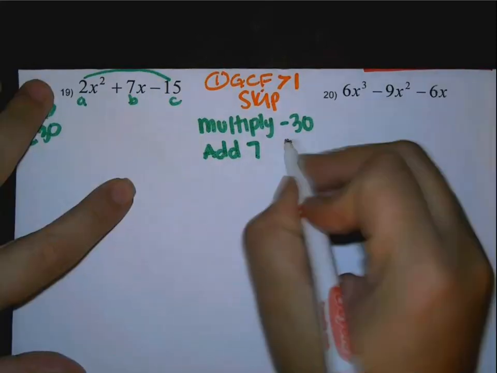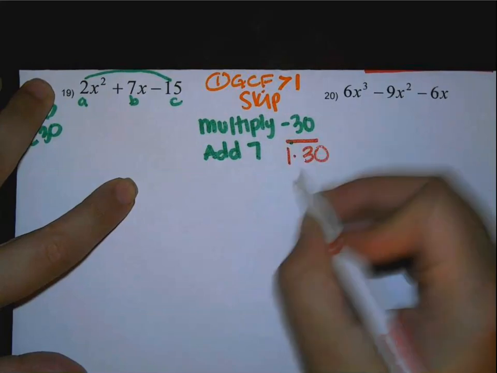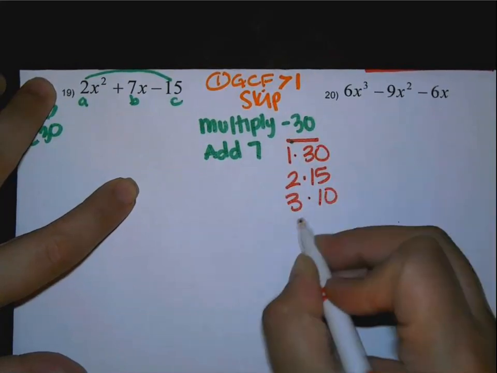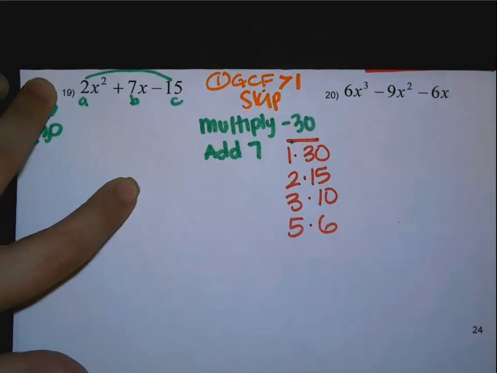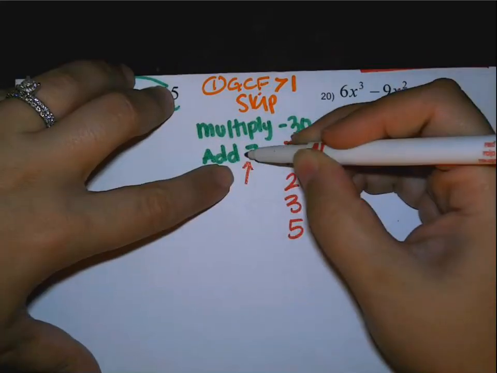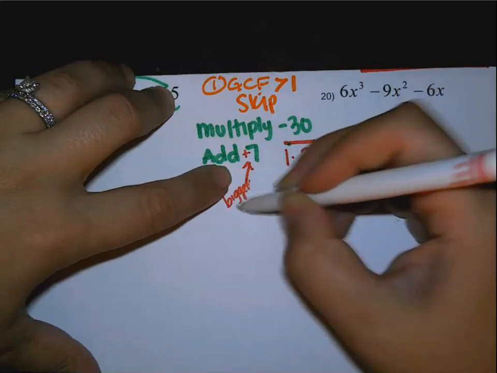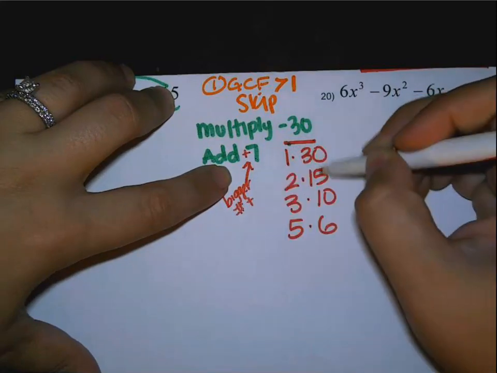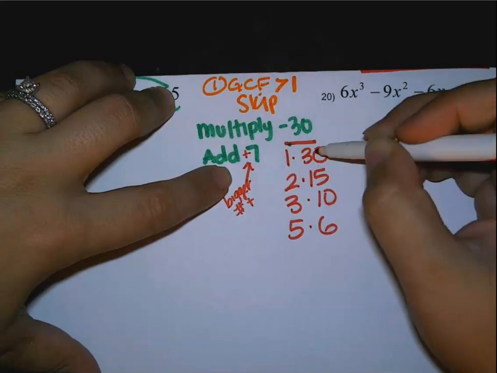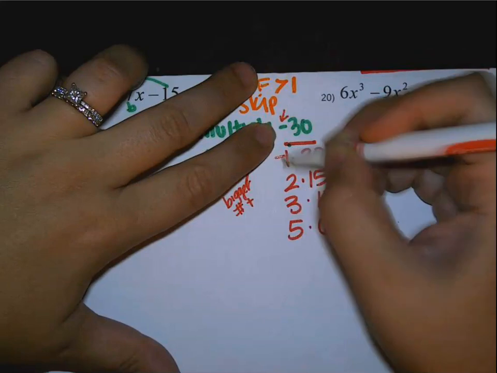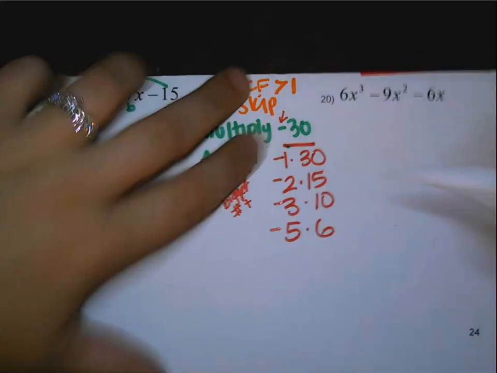So 1 times 30, 2 times 15, 3 times 10, and 5 times 6. So it has to add to a positive 7, so the bigger number is positive. It has to multiply to a negative, so I know that one of them has to be negative.